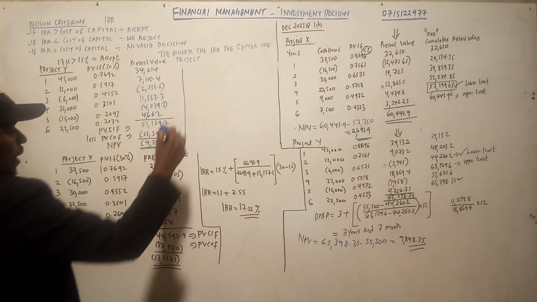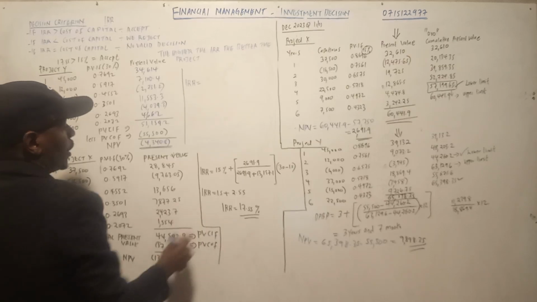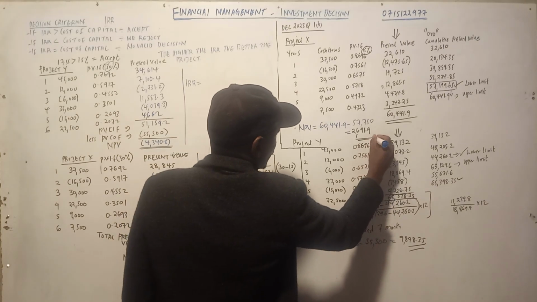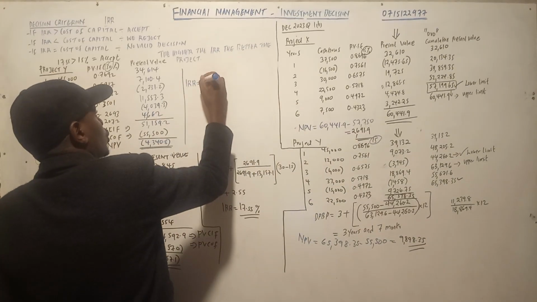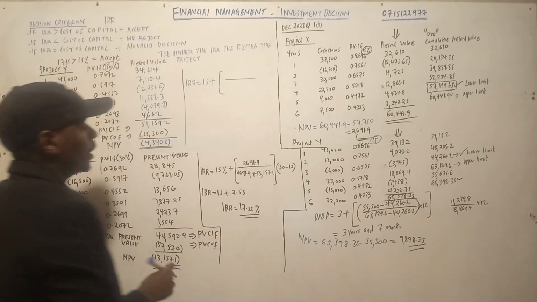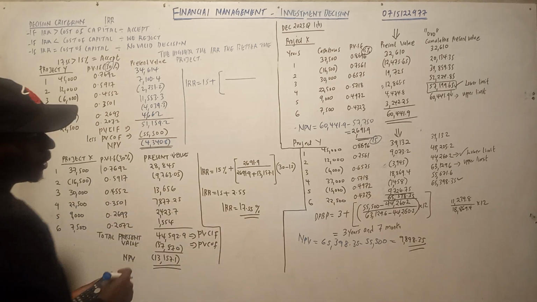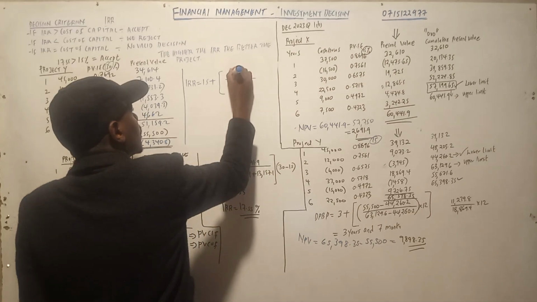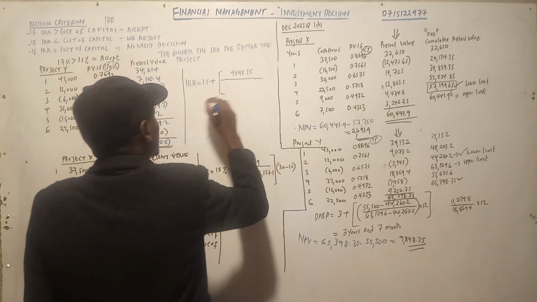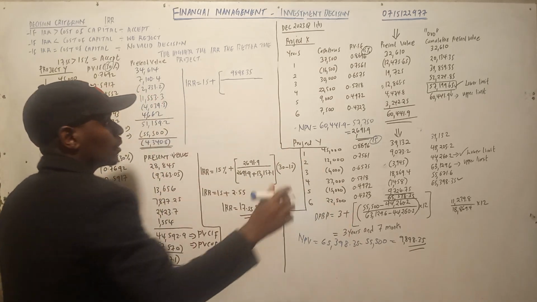Now we can get our IRR. Our IRR, the ROA rate, is between 30 and 15. We use 15% here. So our rate is automatically 15% plus the NPV of the lower rate, 98.35, divided by the absolute. Absolute means you take both the higher and the lower, but you make them positive.